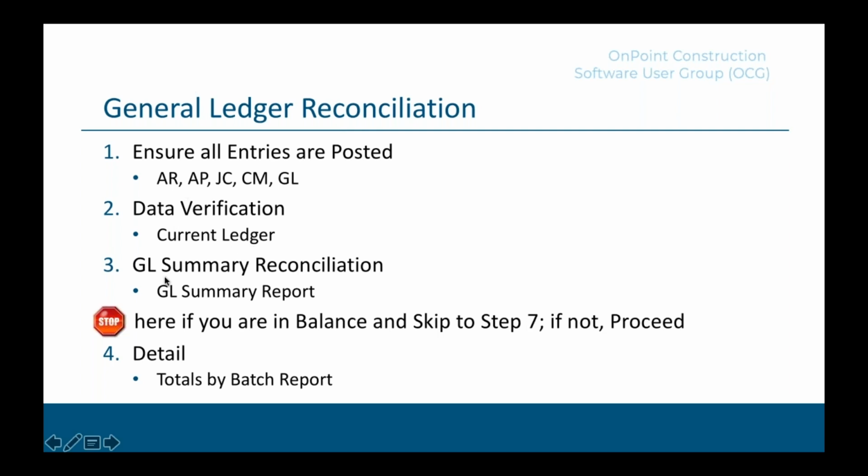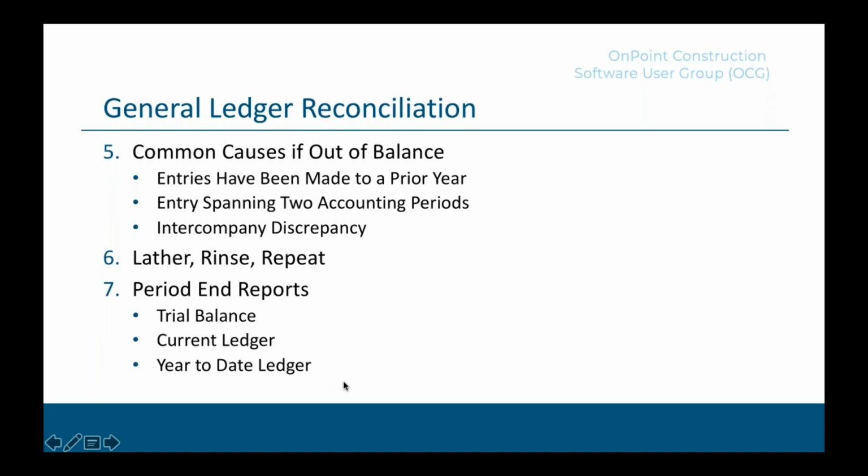Look at your current ledger. There's a summary report. Everything is in balance, but there's a totals by batch report that you would relay to all the other modules to make sure that all the batches had showed up.